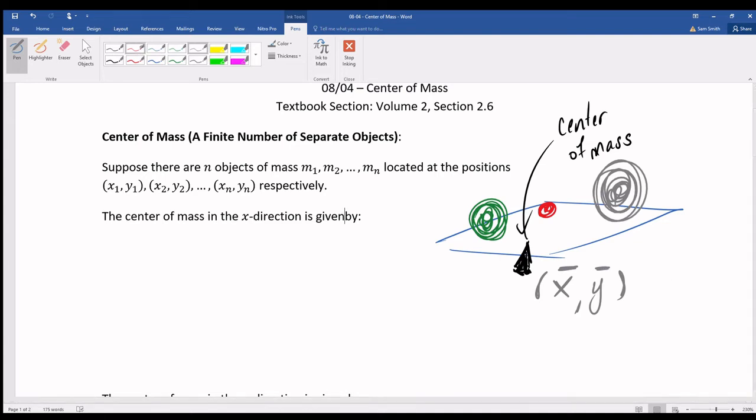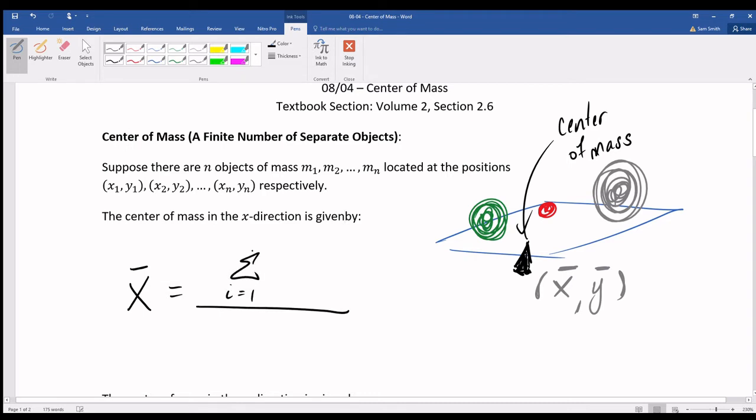You can find x bar by taking a ratio. In the numerator, take the sum from the first object to the last object of the product between the object's mass and the object's x-coordinate, and divide that by the total mass of all the objects in your system put together.